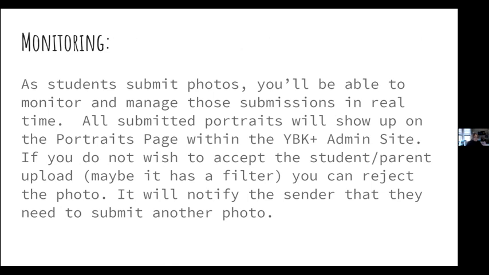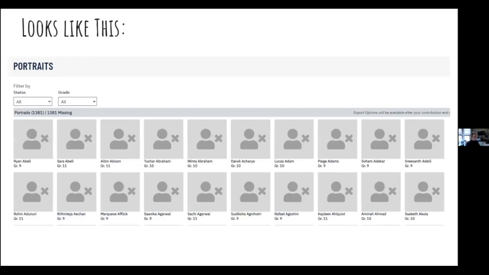Monitoring. As students or parents submit the portrait, you can monitor them in real time. So what happens is you can reject. Your screen is going to look like this. It's going to upload their name and grade, so you don't even have to do any of that. As a kid uploads their picture, if Paige Adams sends in her picture, it's going to appear right here.